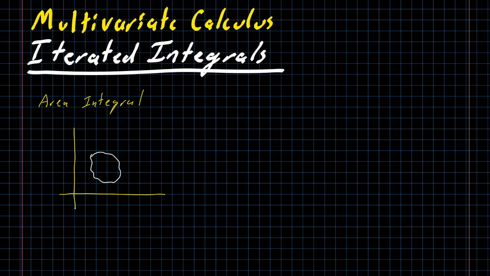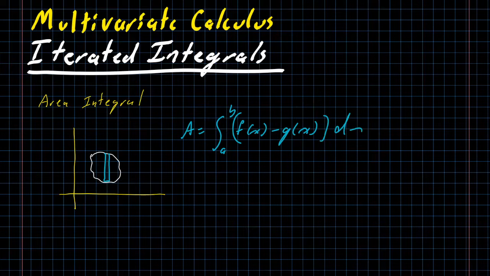If you have a definition as a function for the curve that makes up the top and the curve that makes up the bottom of your arbitrary shape, you can slice it into columns and calculate the area as the difference between the top and the bottom bit.